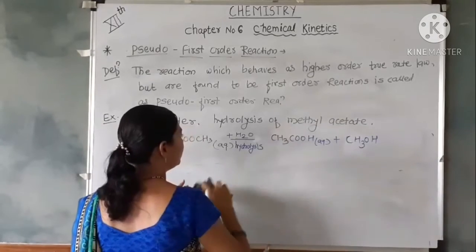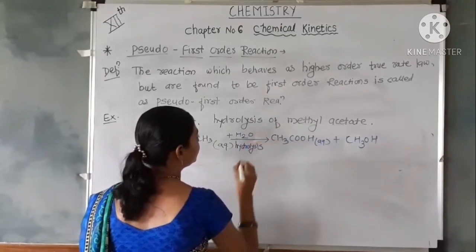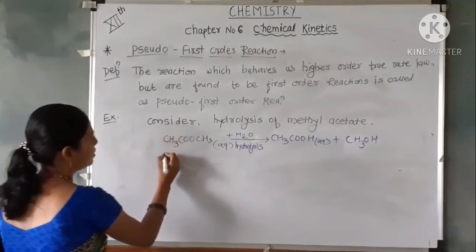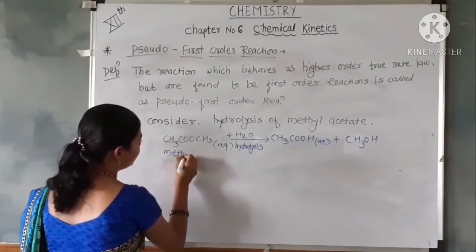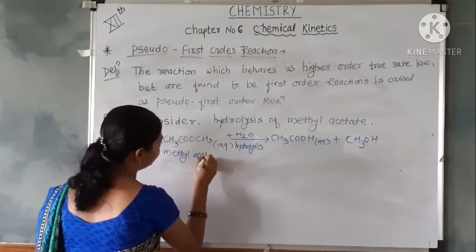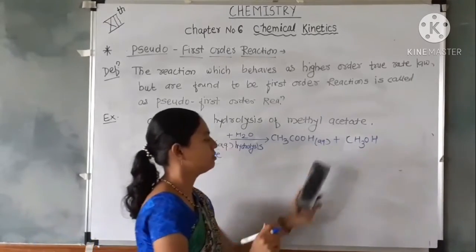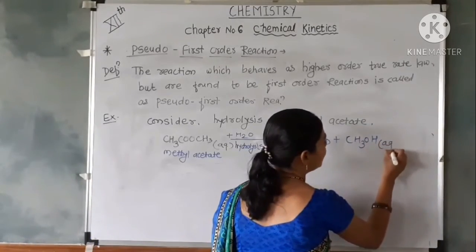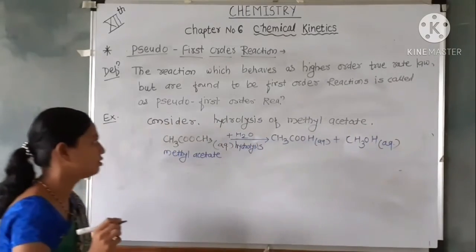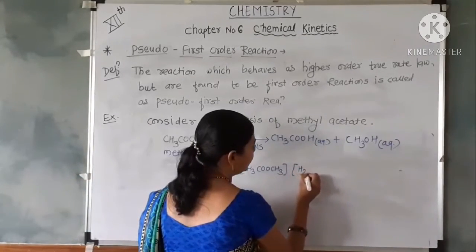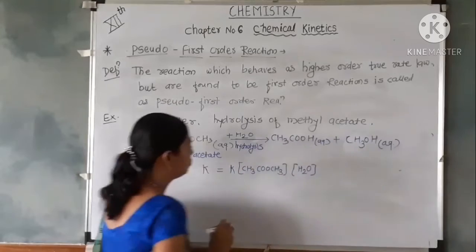Hydrolysis may be written as: CH3COOCH3, methyl acetate, can be hydrolyzed to give CH3COOH aqueous plus CH3OH, methyl alcohol, in aqueous condition. Therefore, I write H2O.